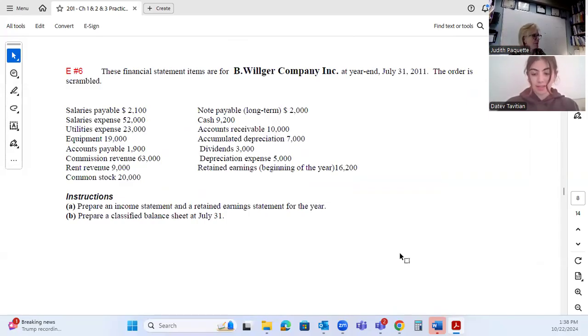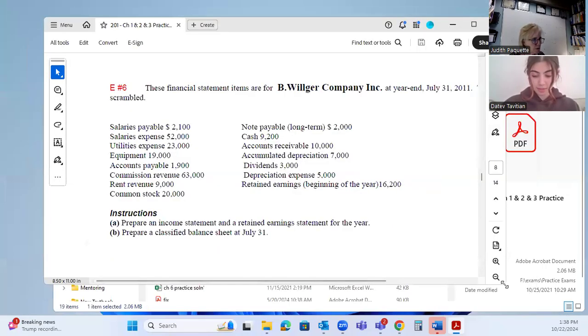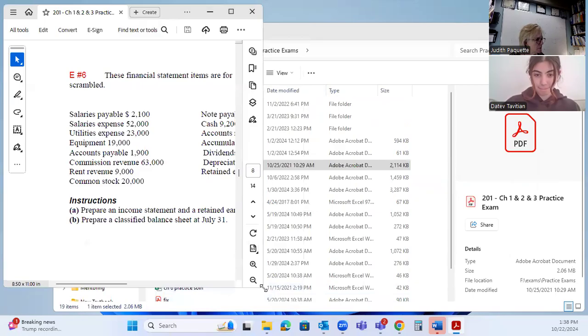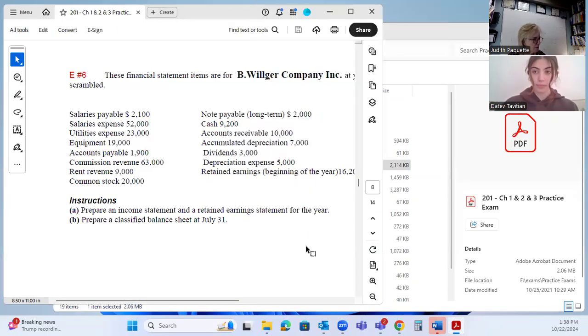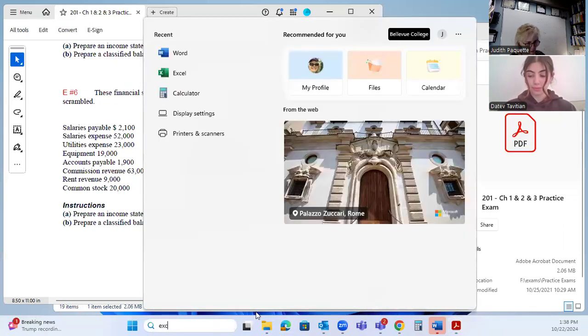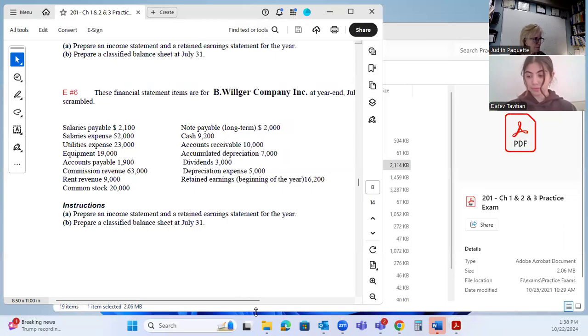So I'm going to split my screen in the hopes that you can see two things, and then I'm going to open up an Excel file.